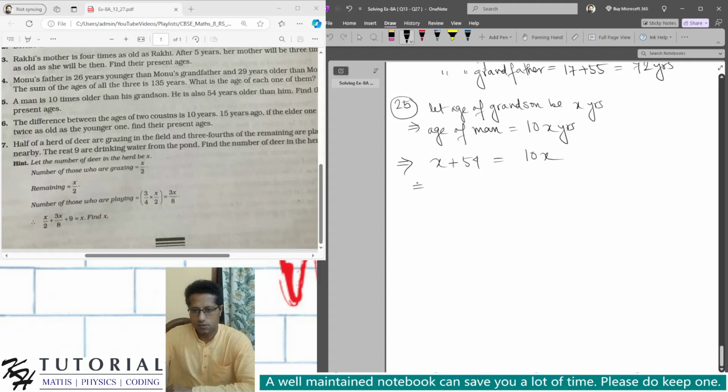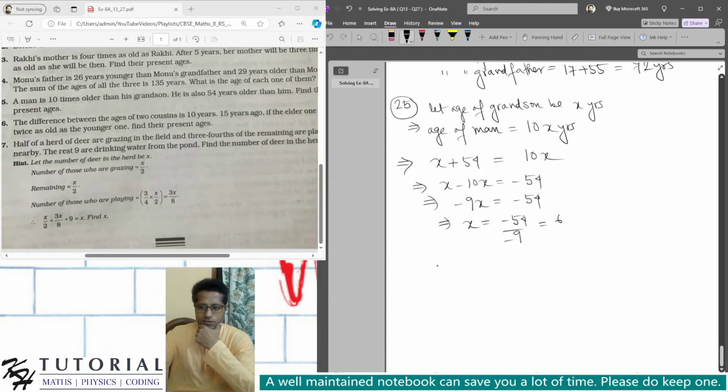We have to solve this, and we see x minus 10x is equal to minus 54. This implies minus 9x is equal to minus 54. This implies x is equal to minus 54 by minus 9, which is equal to 6.